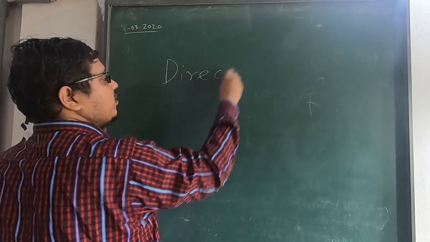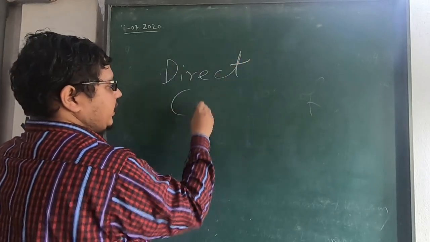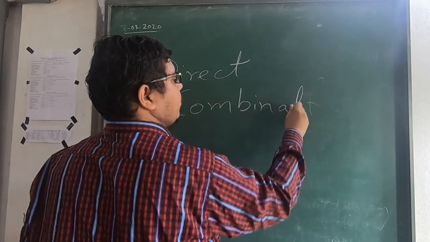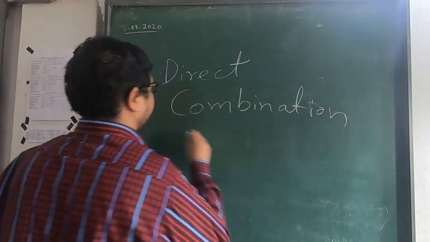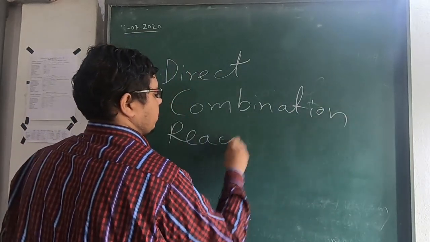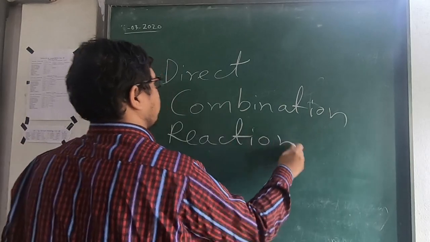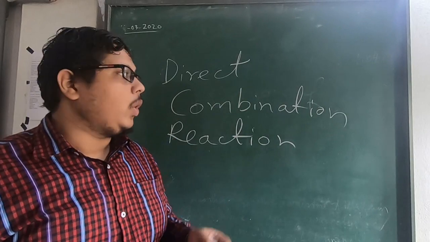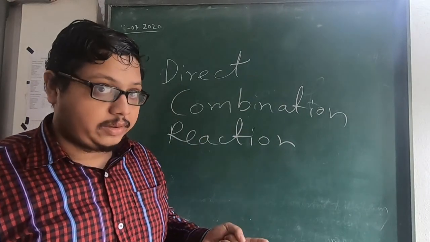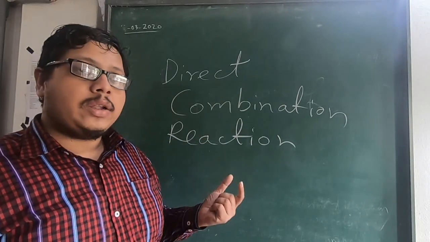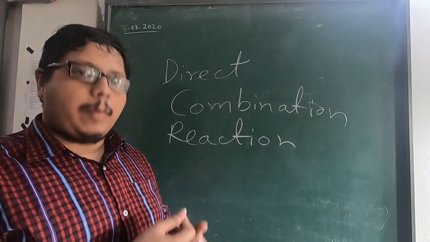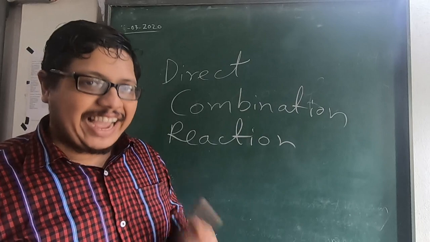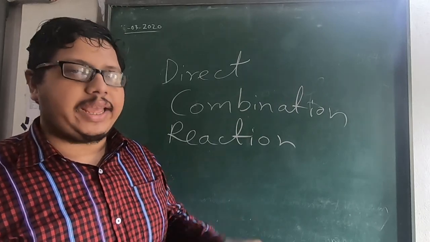Now you already know what is direct combination. You know this from class 9, is it not? When two reactants combine to give one product, that is a direct combination reaction.